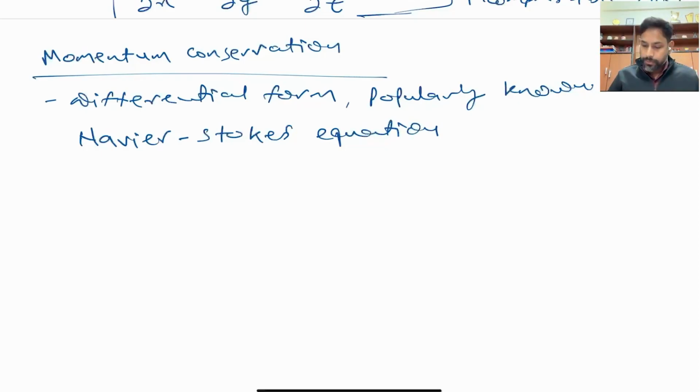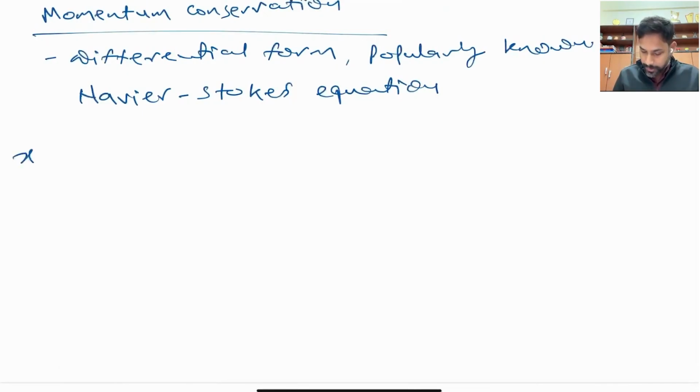Now in case of the momentum equation, we don't have just one equation, but three different equations. Why? Because momentum is a vector quantity, whereas mass is a scalar quantity, right? So you have forces in all three different directions, and whenever you do a force balance, you have to do an individual force balance for x, y, and z directions, and that is why the Navier-Stokes equations are written in three different directions.